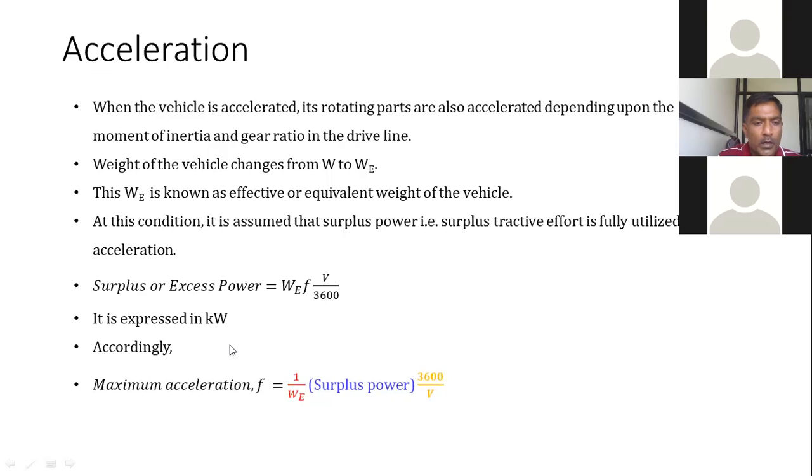So you can check this next formula here as we are discussing acceleration. So here F we are going to take on the left hand side and just rearranging the terms. So based on this, we can get this F on the left hand side: 1 upon WE, surplus power into 3600 divided by V.